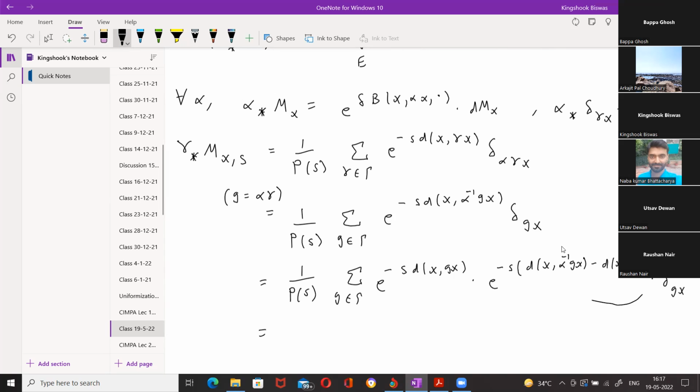Now this thing I can write as some function phi of gx, e to the minus s phi of gx, where phi of y is distance(x, alpha inverse y) minus distance(x, y).